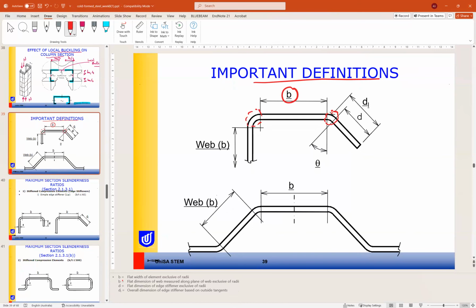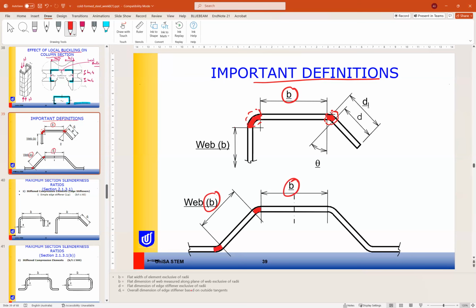And for a web, as you can see in the notes here, it is also starting after ignoring the radiuses, or radii. So this is B web here as well. So we are only looking at the flat dimension for web and for flange.